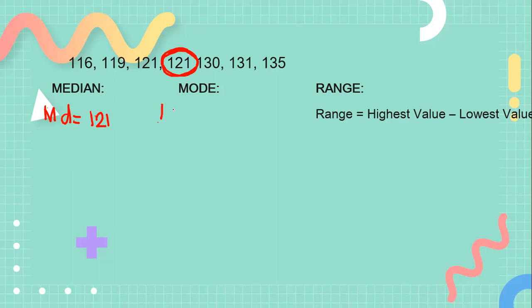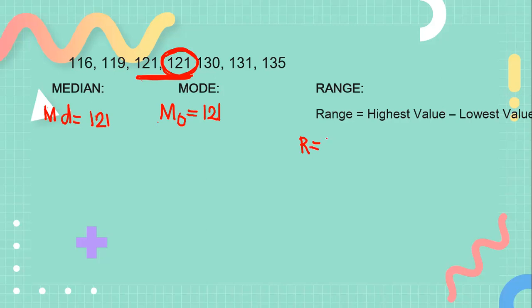Now, for the mode, which data value repeats? Very good. It's 121, because it appears twice. Now, let's proceed to our range. Our range is the highest value minus the lowest value.